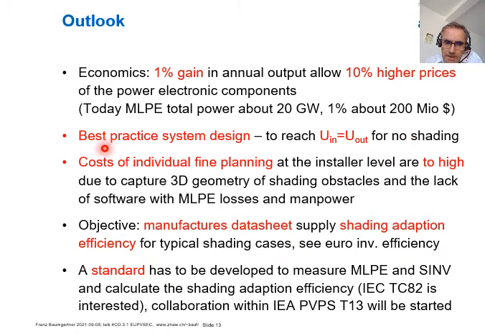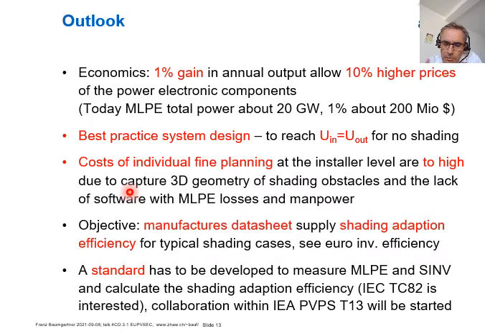And the second thing: it is not possible that each of the installers invests a lot of manpower to make a 3-dimensional geometry measurement of the dormer or of the chimney, in detail on a centimeter scale on the whole roof.